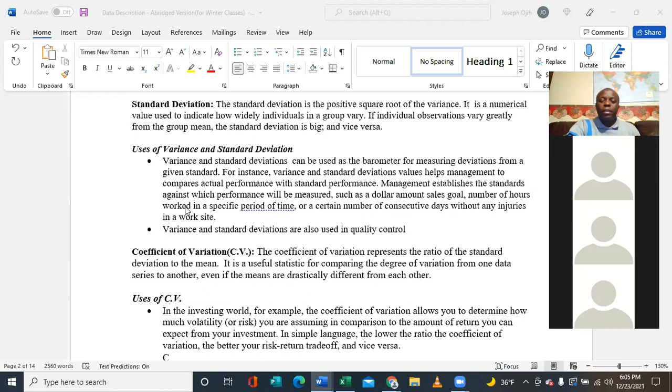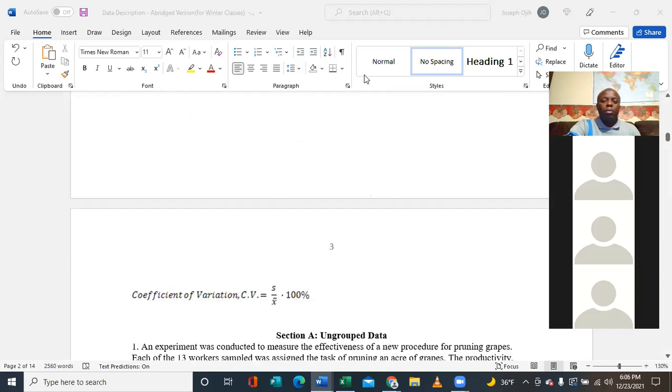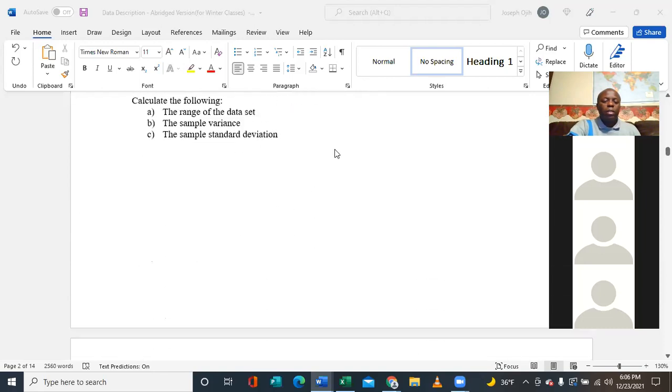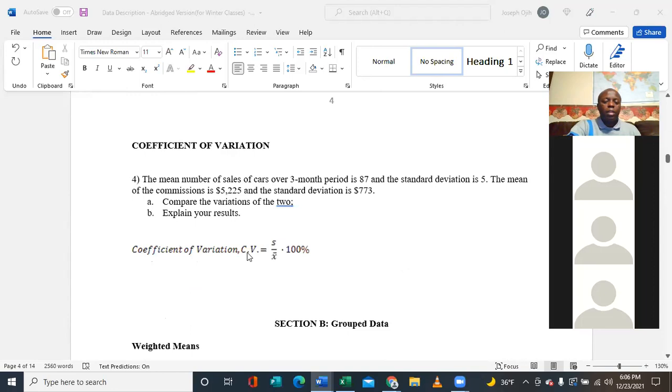We use it to compare the degree of variation from one data set to another. The formula for computing the coefficient of variation is here: CV, which means coefficient of variation, is standard deviation divided by the mean times 100. So we can try an example of that.